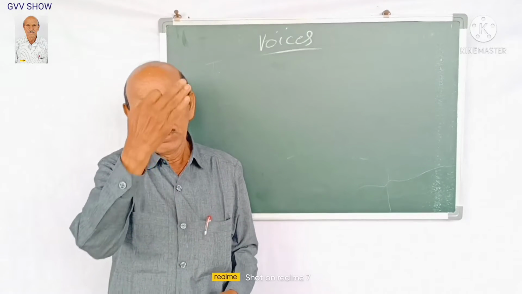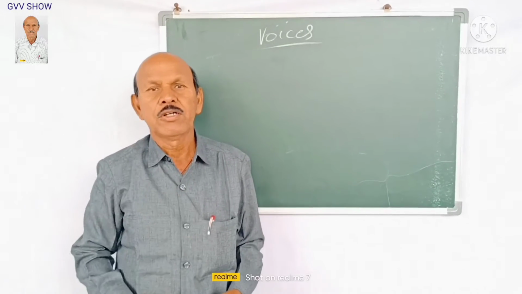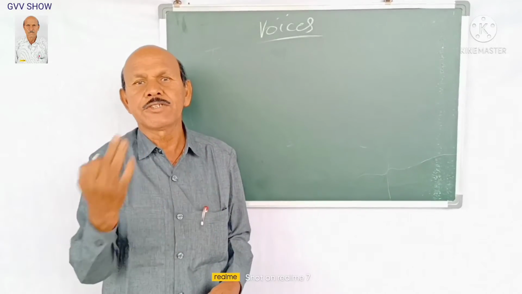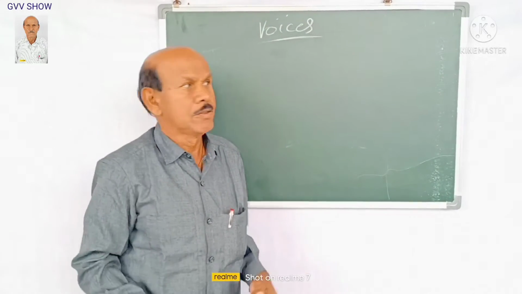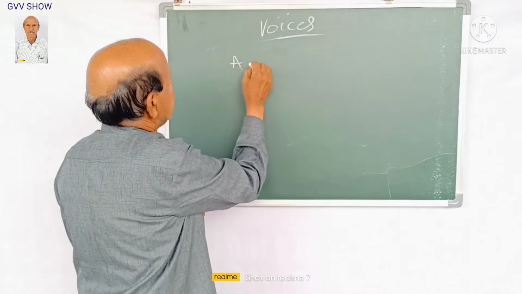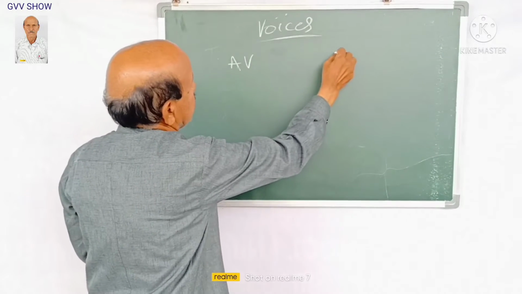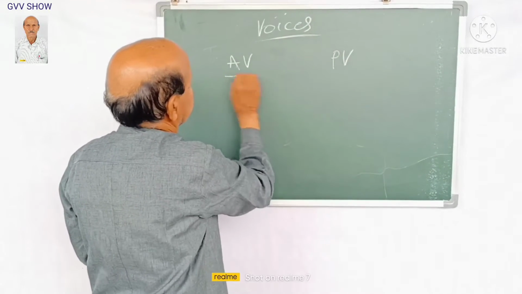I will give a brief short note on what comes in active voice and what it changes to in passive voice. AV means active voice. PV means passive voice.